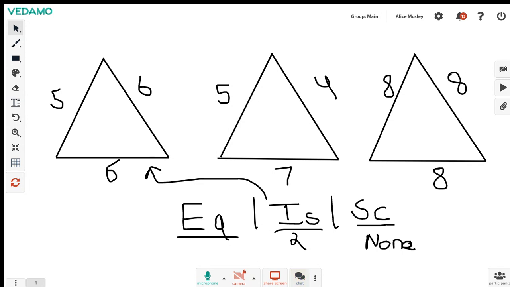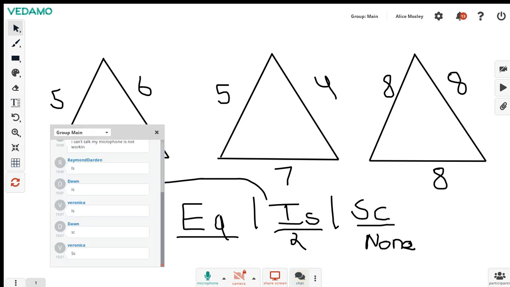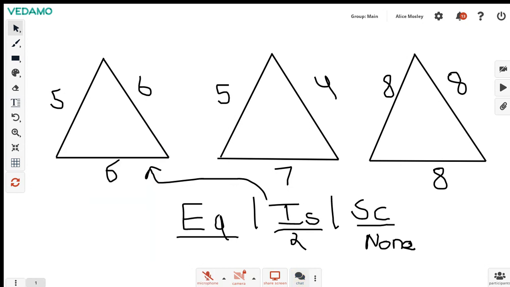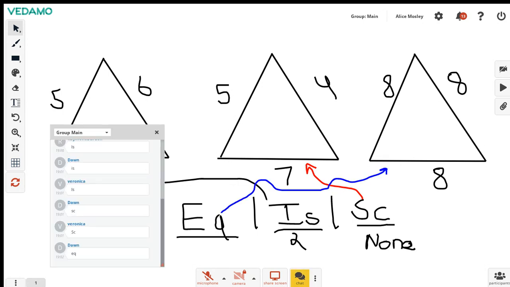The second triangle. This is scalene. Yes, everyone wrote it correctly. Yes, Mr. Riemann, you are correct as well. So the second triangle is a scalene triangle. And obviously the third one, which has all the sides equal, is an equilateral triangle.